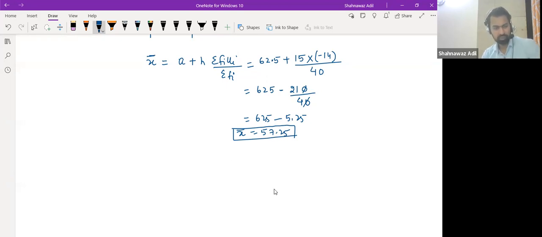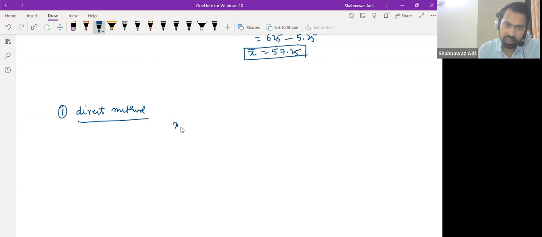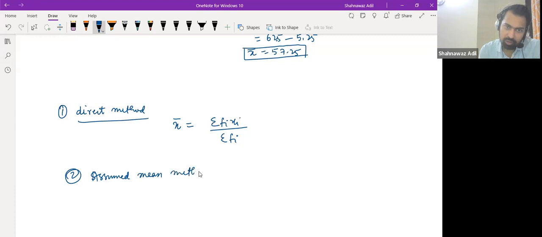Yes, noted. Okay, so now we have understood all the three methods, right? So the direct method, the mean is simply summation of fixi divided by summation fi. In the assumed mean method, you have the mean which is a plus summation fidi by summation fi.